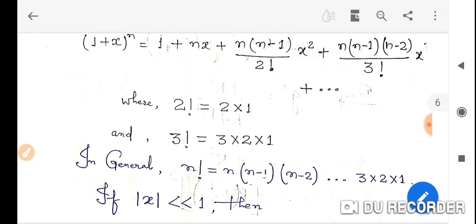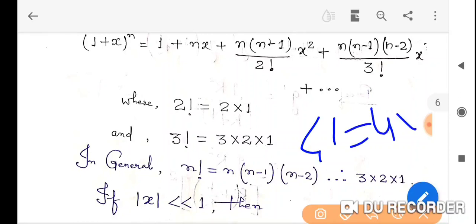Similarly, 4 factorial means 4 into 3 into 2 into 1, and so on. In general, you can write factorial n equals to n into n minus 1 into n minus 2 into 3 into 2 into 1. You should multiply in decreasing order and the final term will be 1.